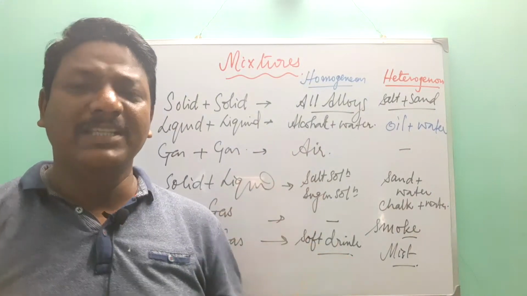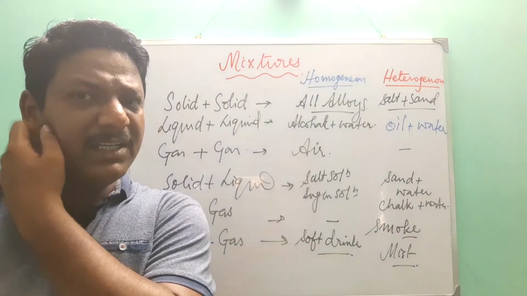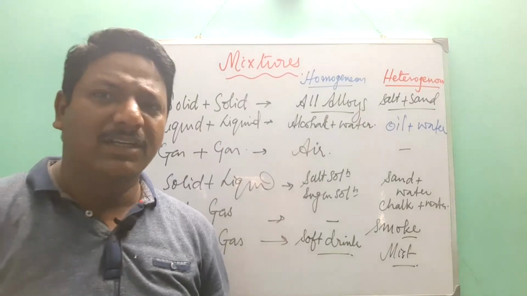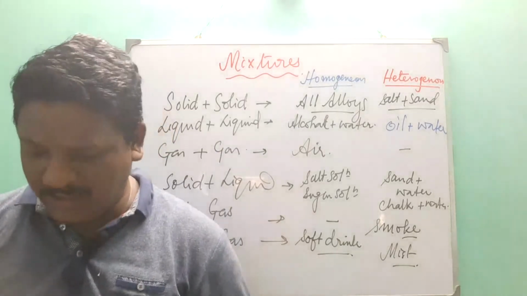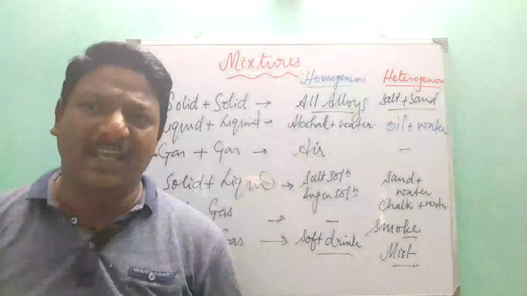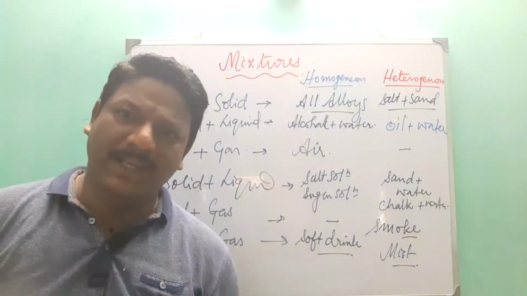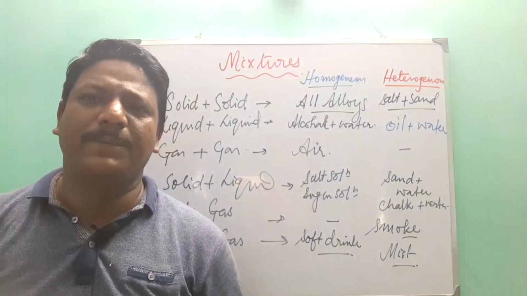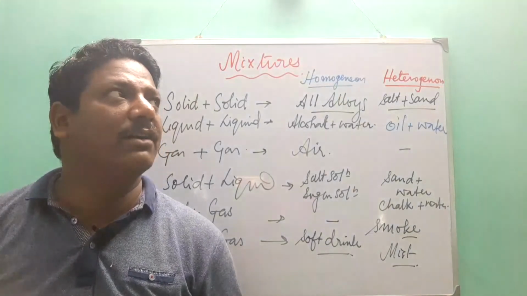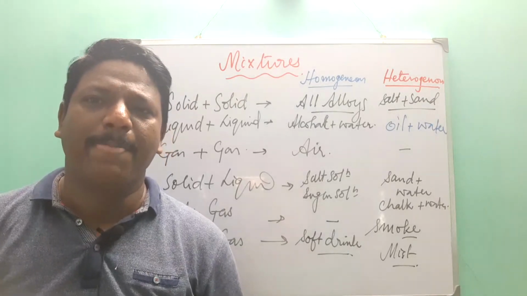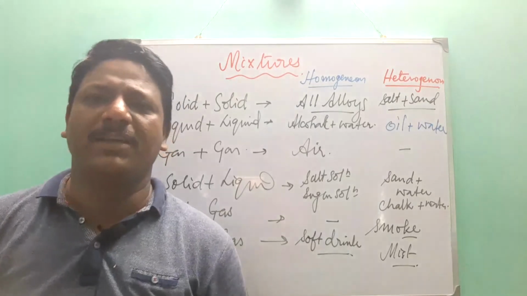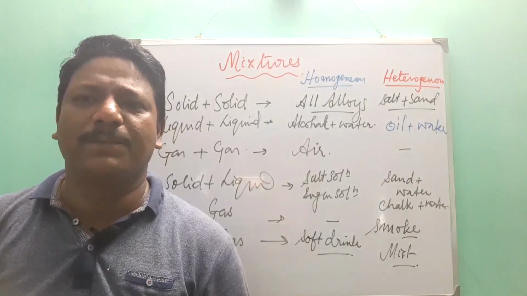Please learn this part, and when I come for my next class, I will explain the different methods to separate the constituents or components of mixtures, and the methods we need for separating different types of mixture.